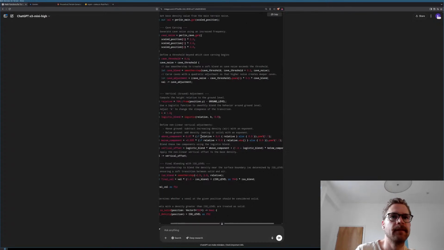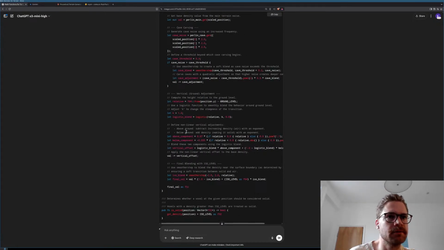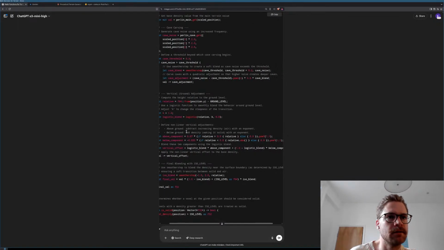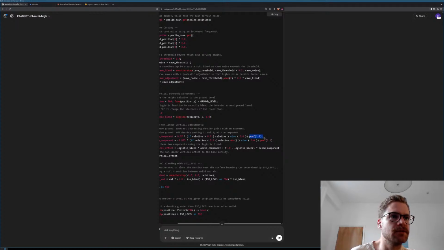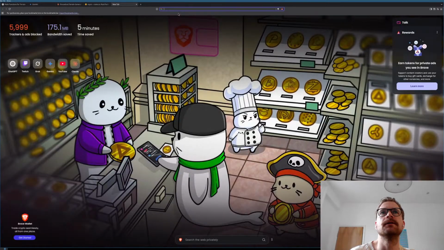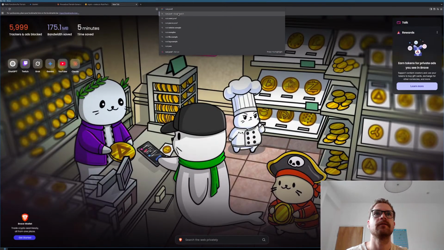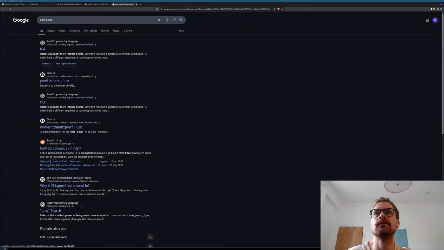All right. Above component, below component. What does this function do? powf. Is it power with a float? Rust powf. Yeah.